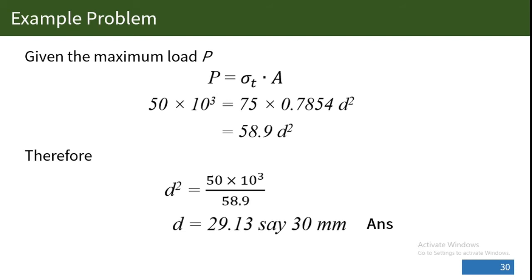Since when we are dealing with designing, we have to find the answer that is nearest to the standard sizes, so that it is convenient for us to find the values, right?